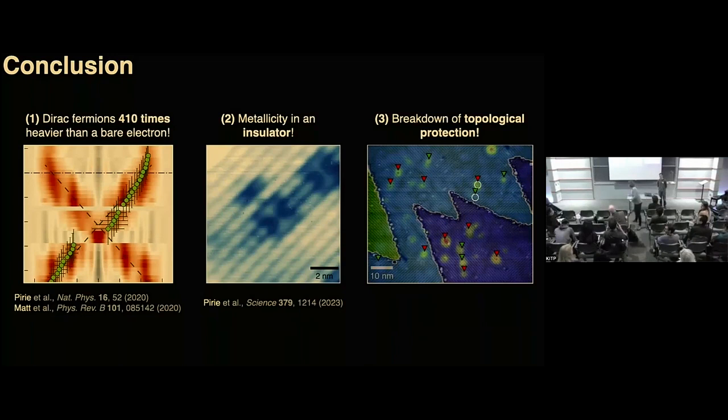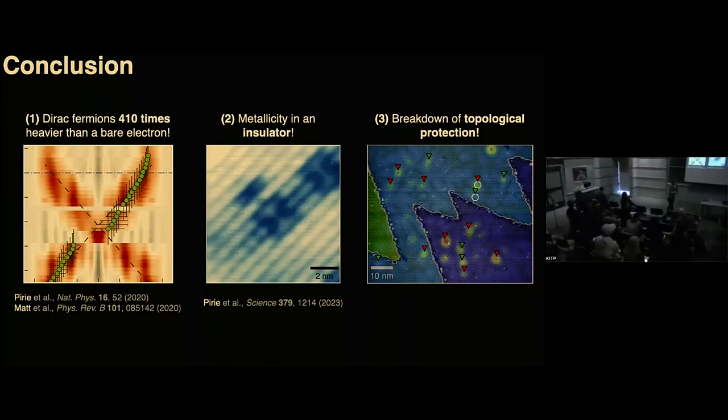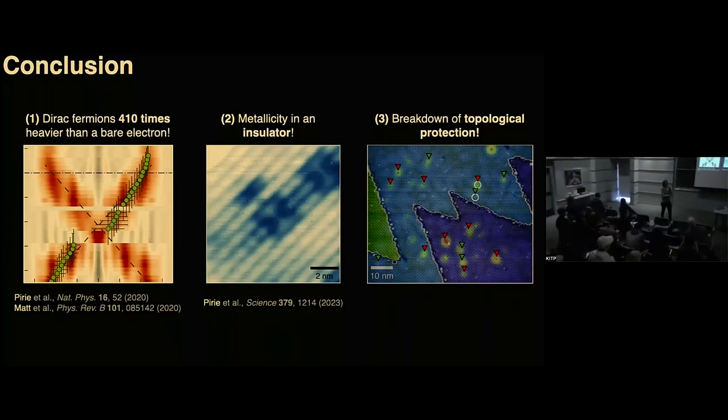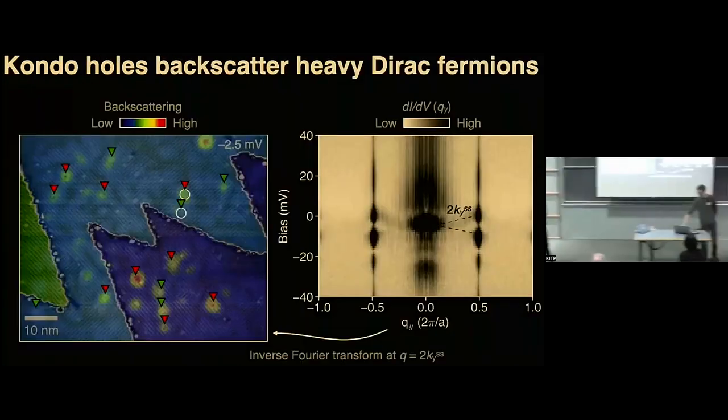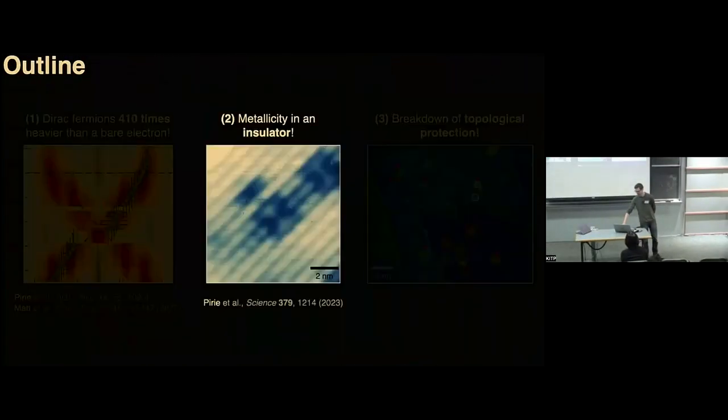Thank you, beautiful talk. I have a question regarding the way you determine that you have light particles around Kondo holes. Maybe if you can go back to the slide with the URS, that was a bit more summarized.